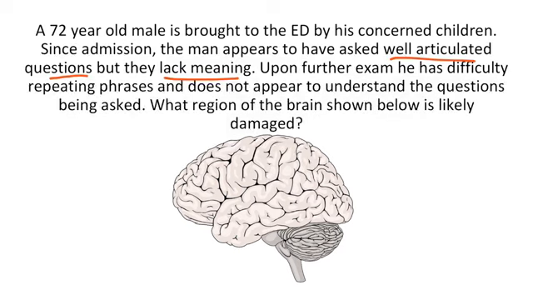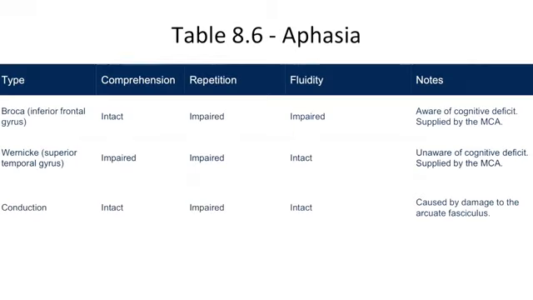In order to get this question right, you need to know that Wernicke's area is located right here. Again, this is the superior temporal gyrus. From table 8.6, we can see that Wernicke aphasia results in impaired comprehension and impaired repetition with intact fluidity.